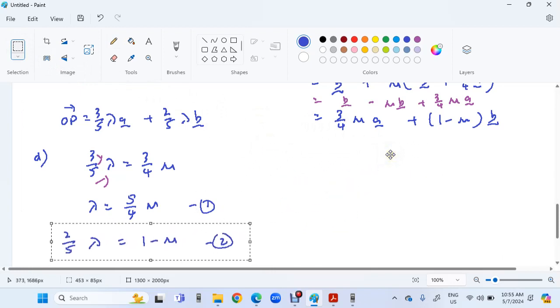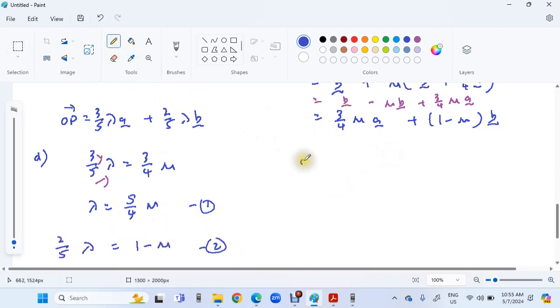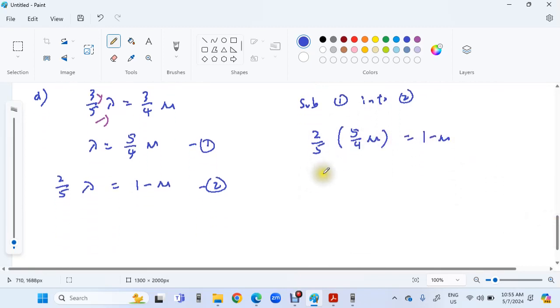Then we can substitute equation 1 into 2. Then we have 2 over 5 times 5 over 4 mu equals 1 minus mu. Then 1 over 2 mu equals 1 minus mu, so mu equals 2 minus 2 mu.